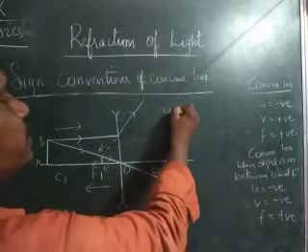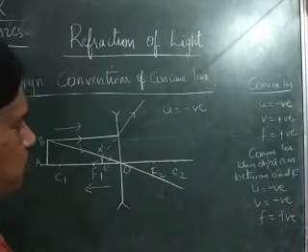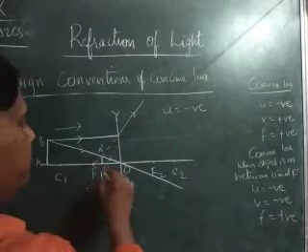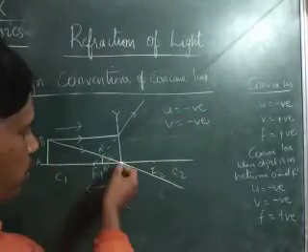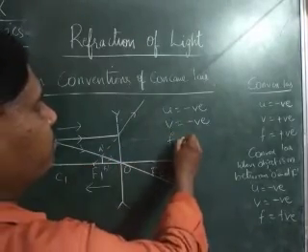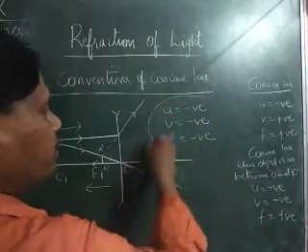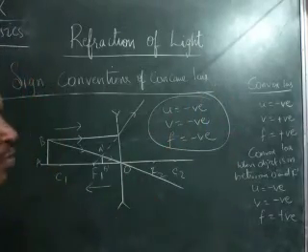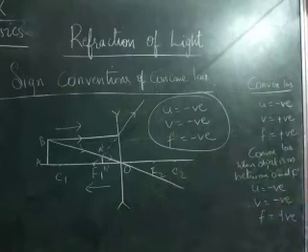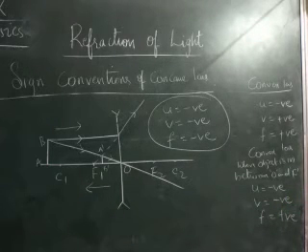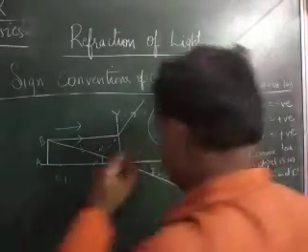The object distance u is negative. Where is v? v is also negative. Where is f? F1. f is also negative. Therefore, in case of a concave lens, u is negative, v is negative, as well as f is negative.